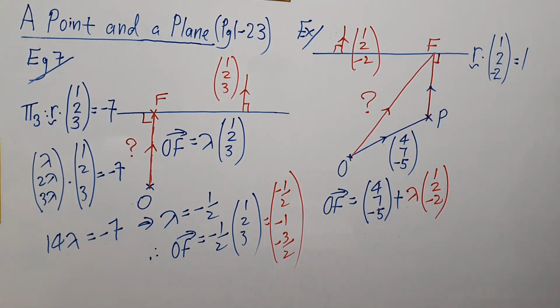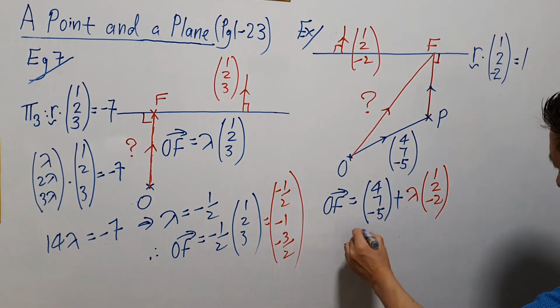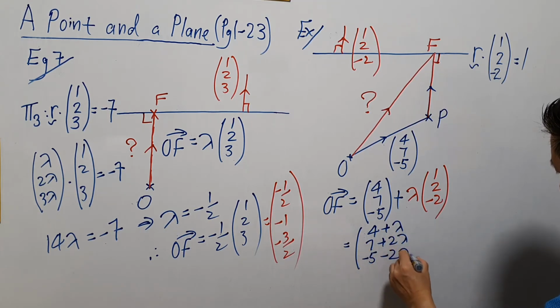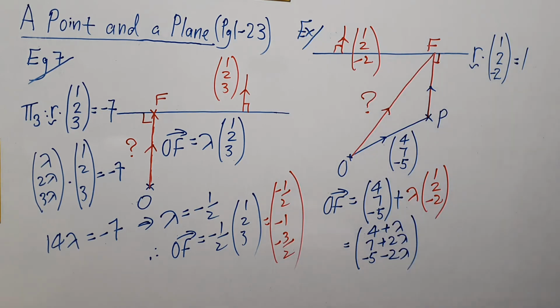I can actually rewrite this as 4 plus lambda, 7 plus 2 lambda, minus 5 minus 2 lambda. So this is the point OF. And like the earlier question, because this point F is on this plane, this point also satisfies this equation.